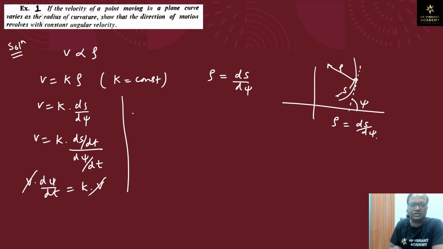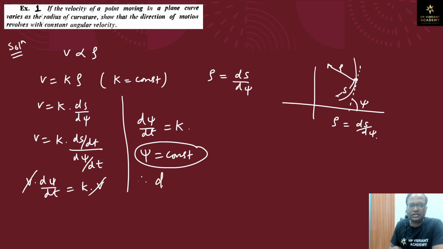So we have d psi upon dt is equal to k. This means psi dot is constant. Therefore, the direction of motion revolves with constant angular velocity.